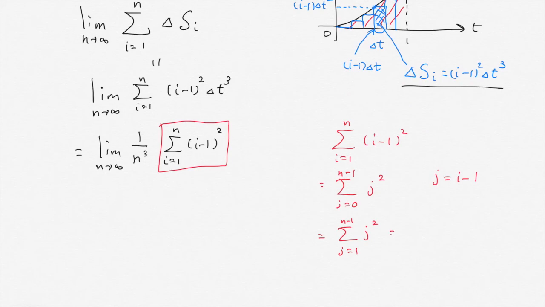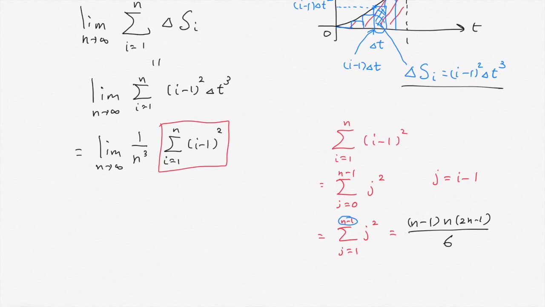Then you could calculate. You have a very famous formula for this one. Be careful, this is n minus 1, then it becomes (n minus 1) n (2n minus 1) over 6.